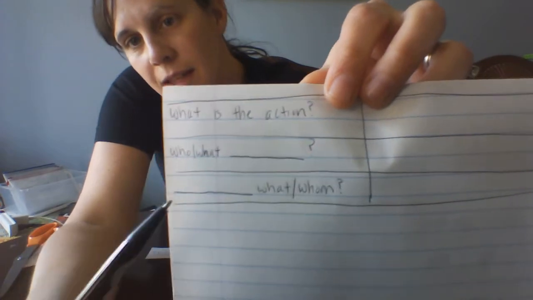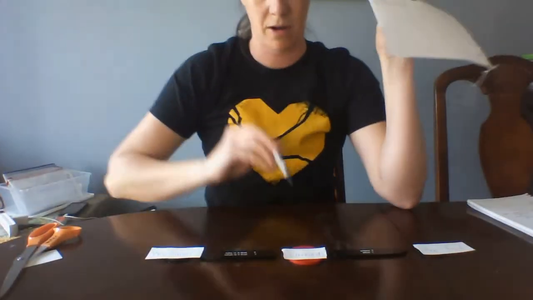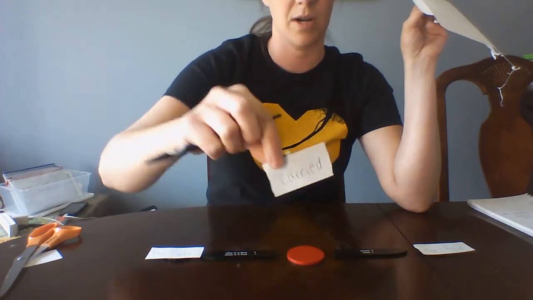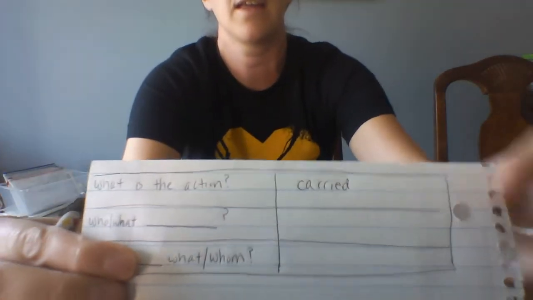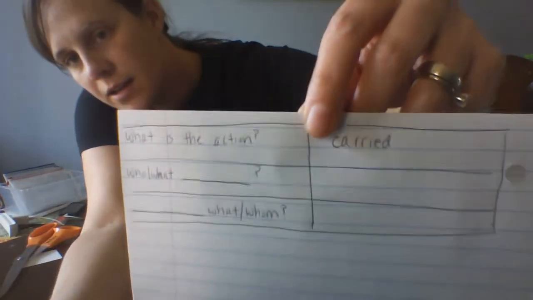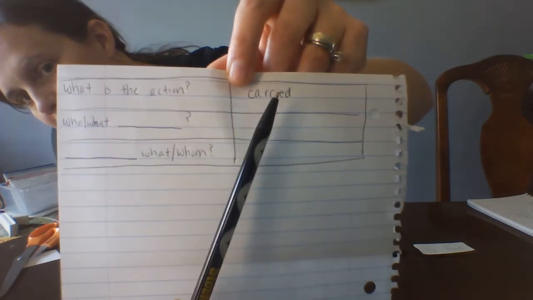Okay. So it says, what is the action? So remember what we put on our verb circle? We put the word carried. So I'm going to write that down in the table. What is the action? Carried.